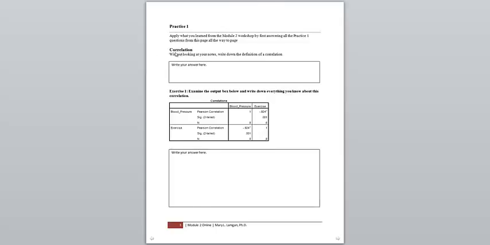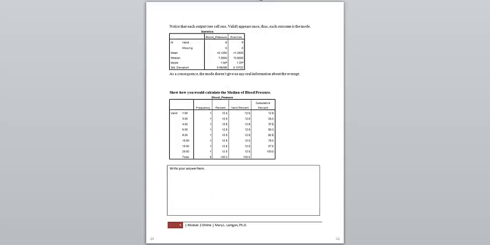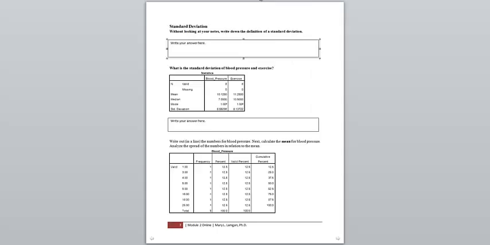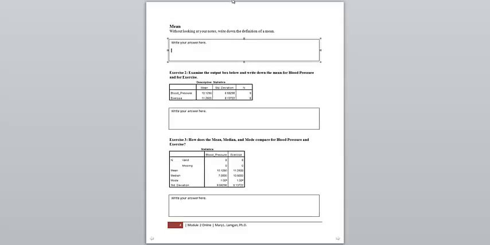So, for example, it says here a correlation. Without looking at your notes, write down the definition of correlation. So if you want to stop the video and answer all of practice 1 with the different questions, you can do that and then come back and have the debrief, or you can work as we go step by step.